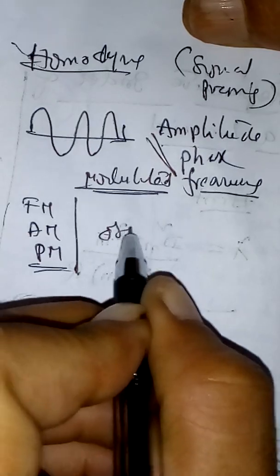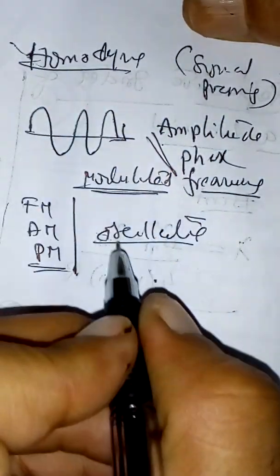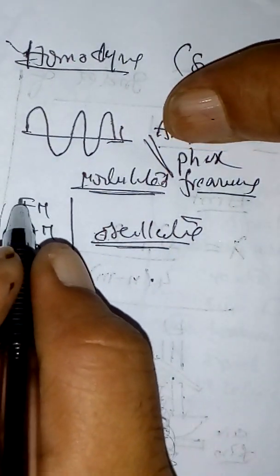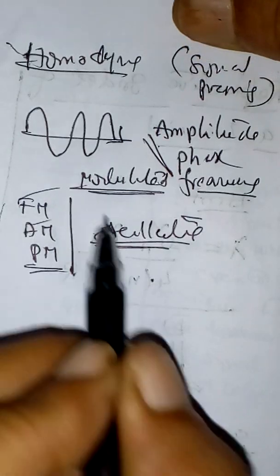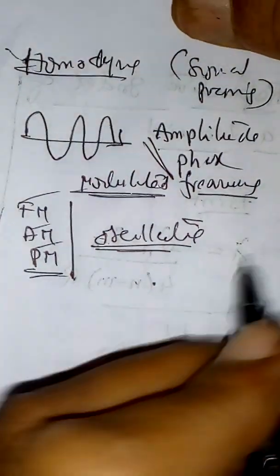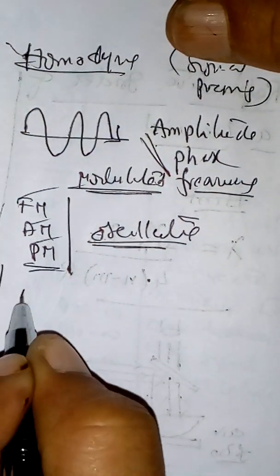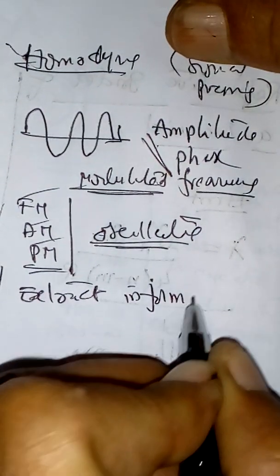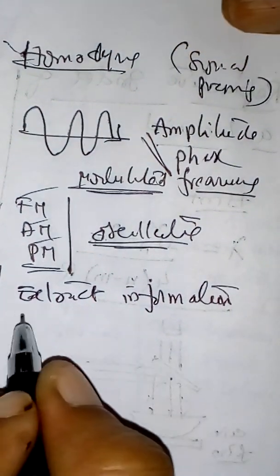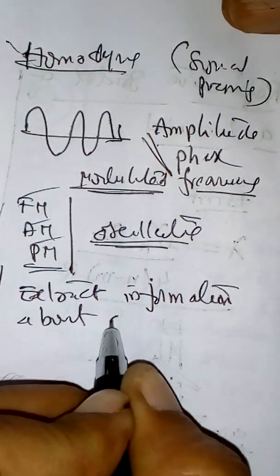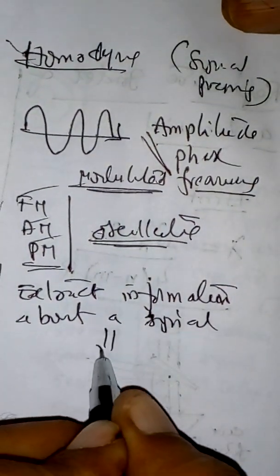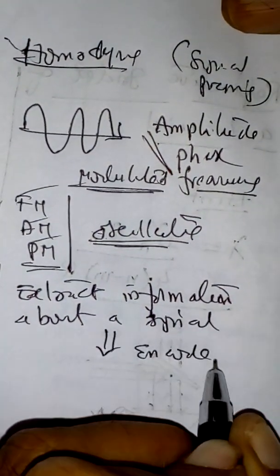When a signal is, let us say, oscillating like this, information about the signal can be obtained through frequency, or through amplitude, or the phase. So we need to extract information about a signal, how it is encoded already.